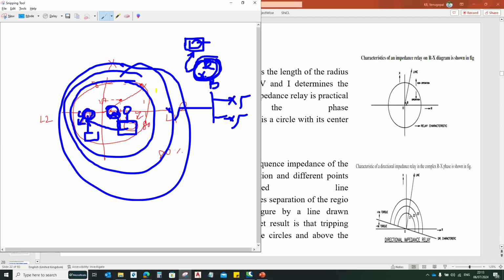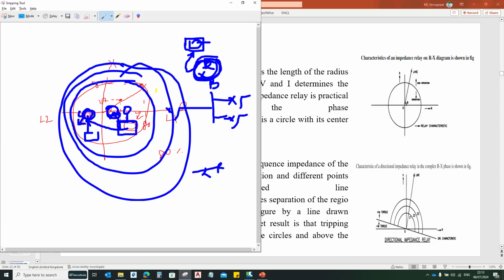The R value means the conductor resistance, and the X value is the positive sequence reactance of the transmission line.